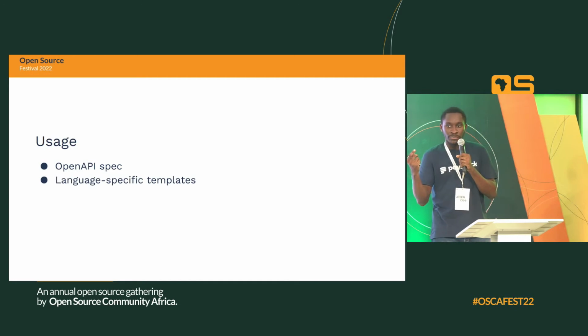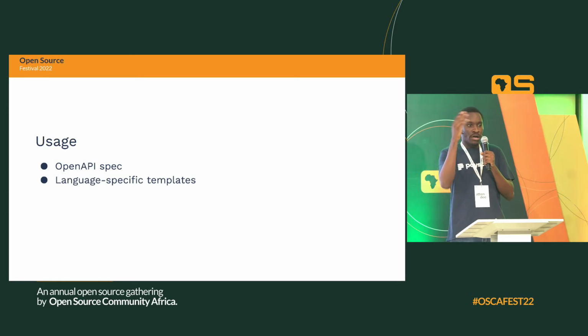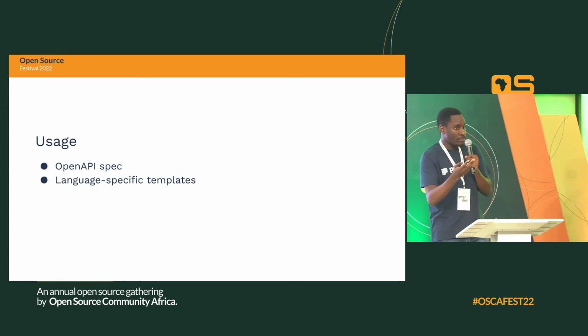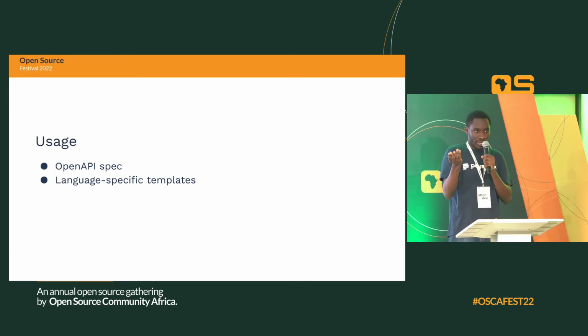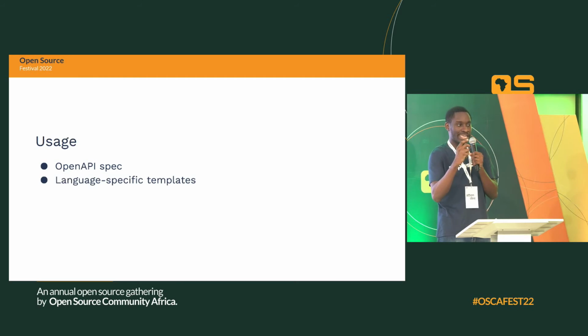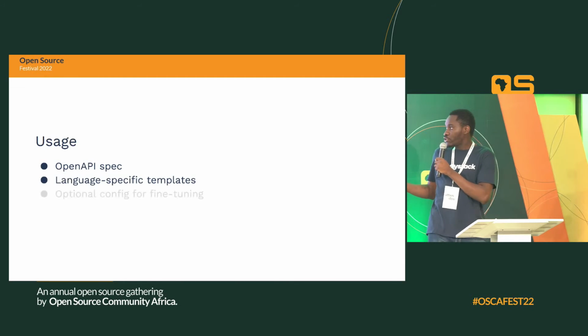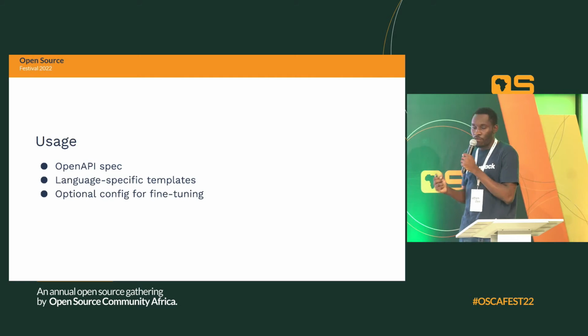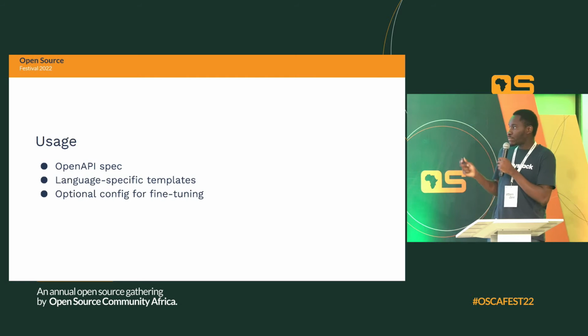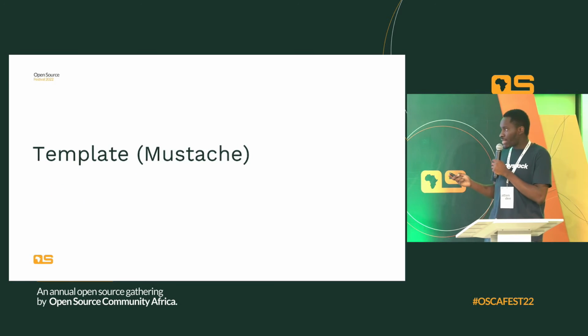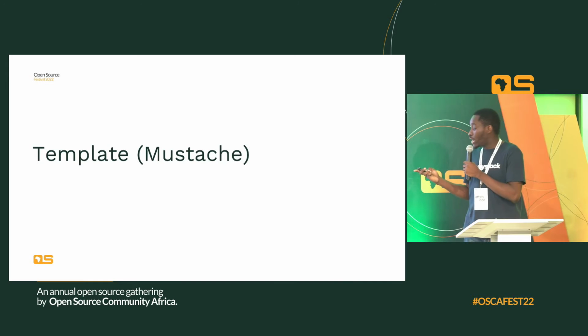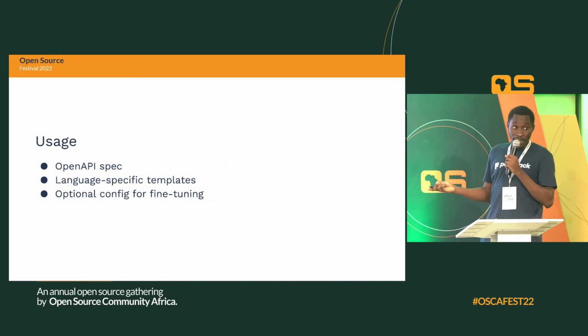It's going to have headers and things like that. For your get endpoint, typically it's just query parameters or nothing at all. So these things can more or less be templated. The last thing you need is an optional config for fine-tuning. With this, we are able to discover that we already have our OpenAPI spec.